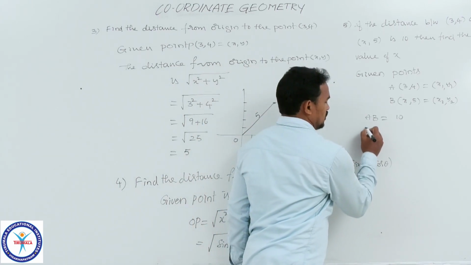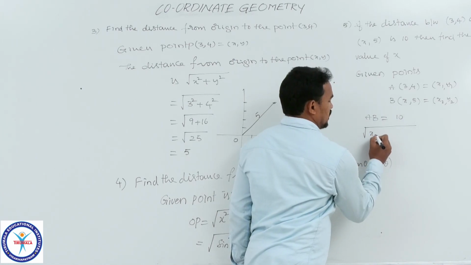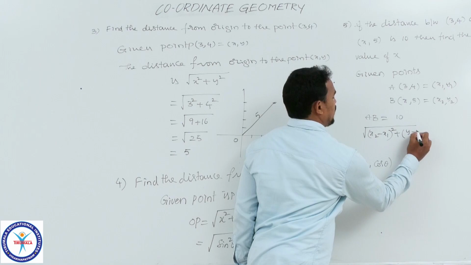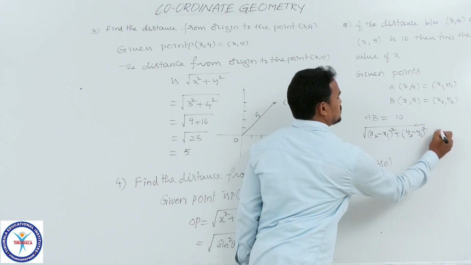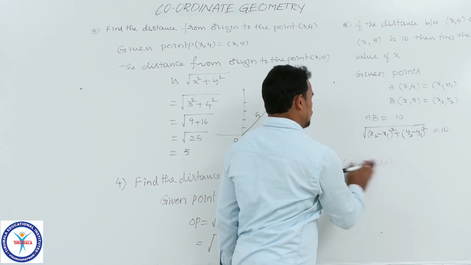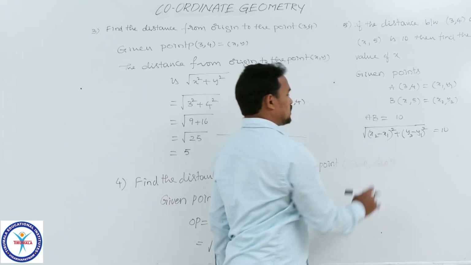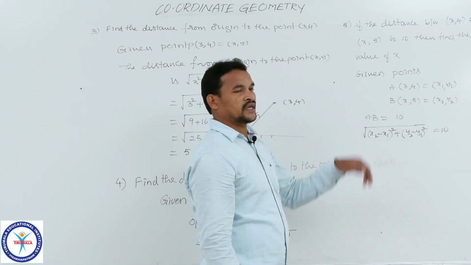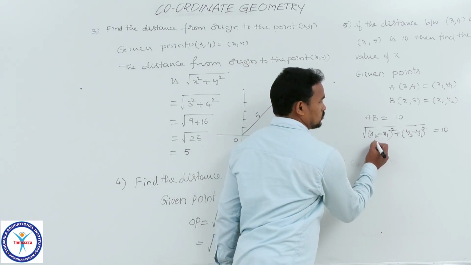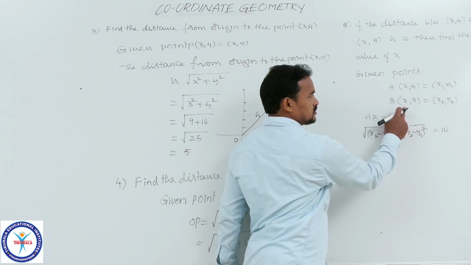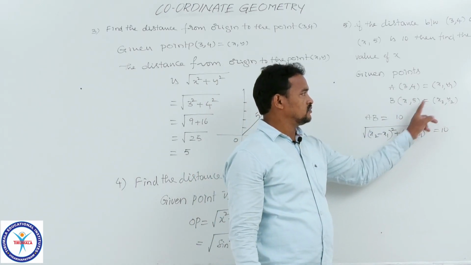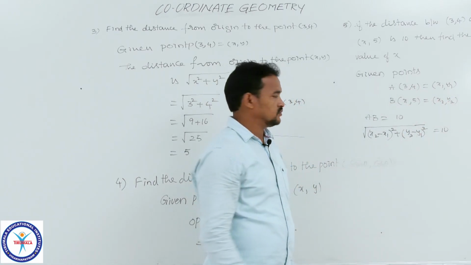Here see, in AB place you will take root over x2 minus x1 whole square plus y2 minus y1 whole square is equals to 10. Now square on both sides. In left side square root will be cancelled, right side again square will come. Now x2 value is x, x1 value is 3, y2 value is 5, y1 value is 4.